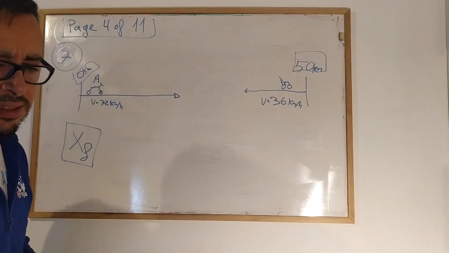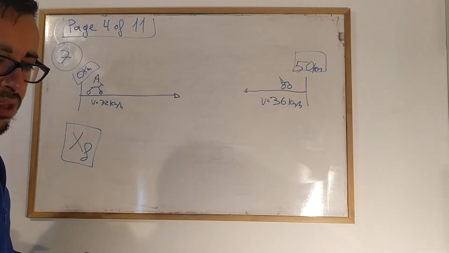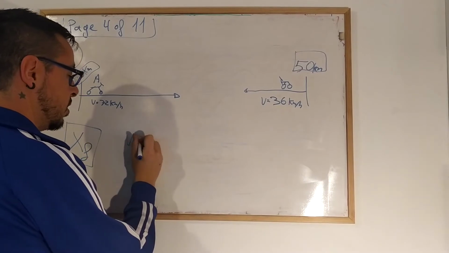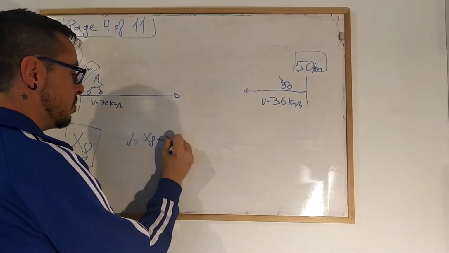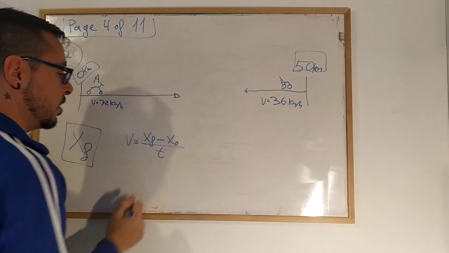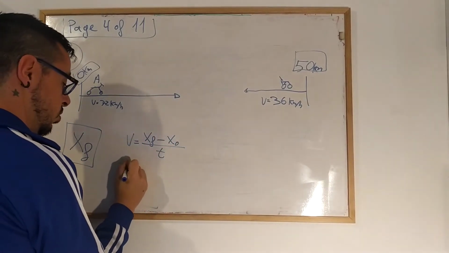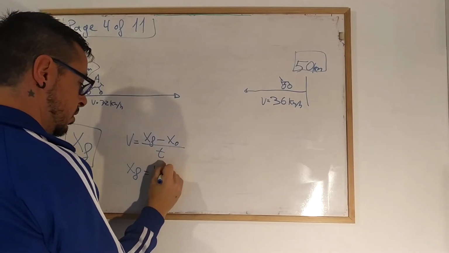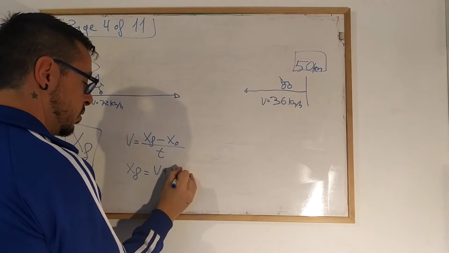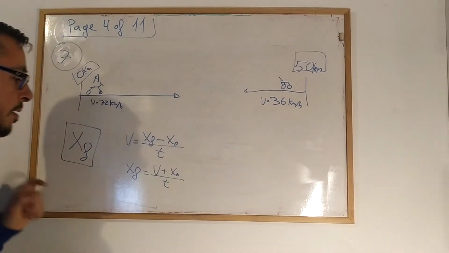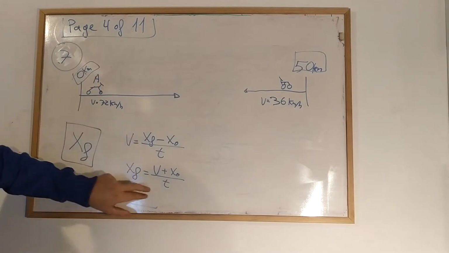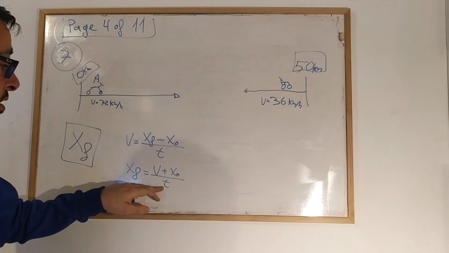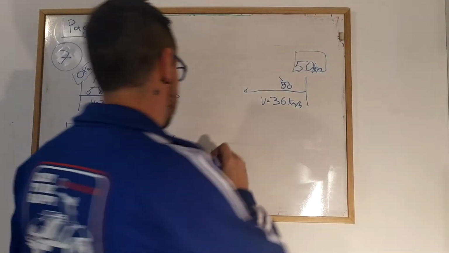But we don't know that. So, we know that velocity equals final position minus initial position divided into the time. We solve this and we know that final position equals velocity times time plus initial position, okay? And we substitute this data here and this data. So we are going to have two equations and two unknowns.